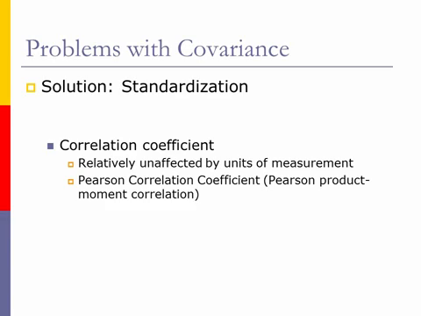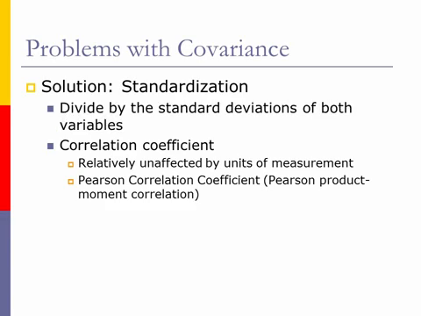And because of that, you standardize the covariance. And how we standardize it is we divide covariance by the standard deviations for both variables. And this is then called the correlation coefficient, pretty much unaffected by the units of measurement, so we can compare objectively. Technically, it's called the Pearson correlation coefficient.